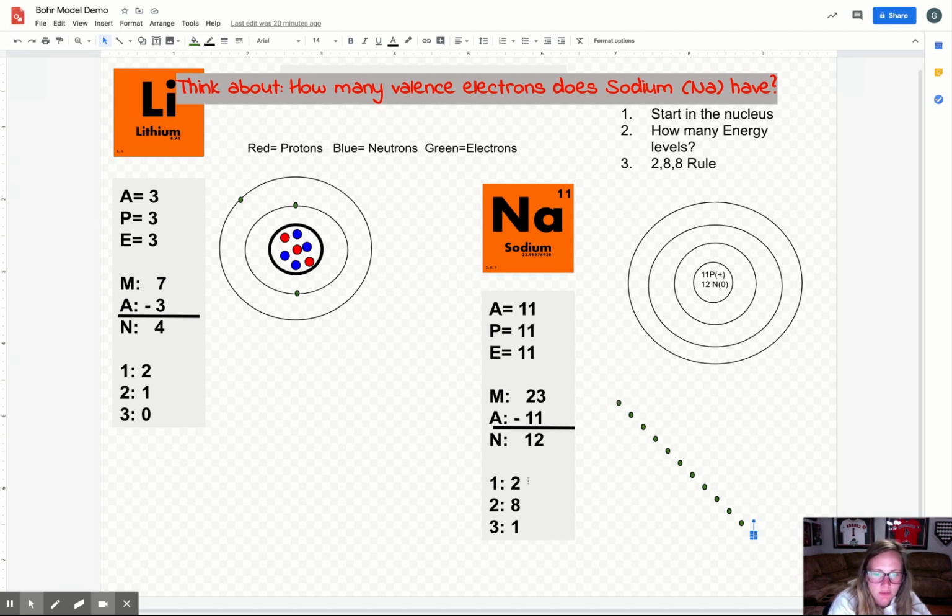Following our 2-8-8 rule, we did our electron configuration right here. I know that only 2 go in my first energy level. So 1, 2.